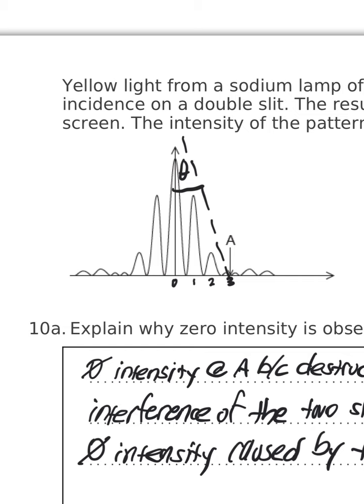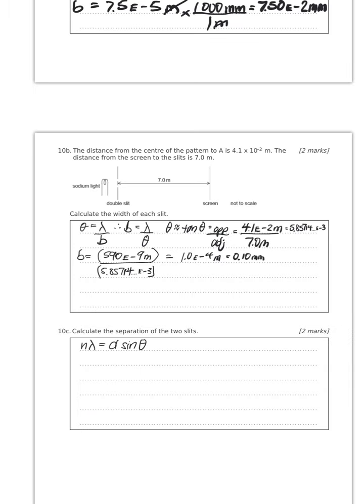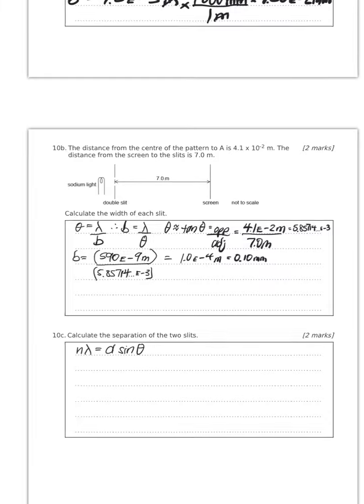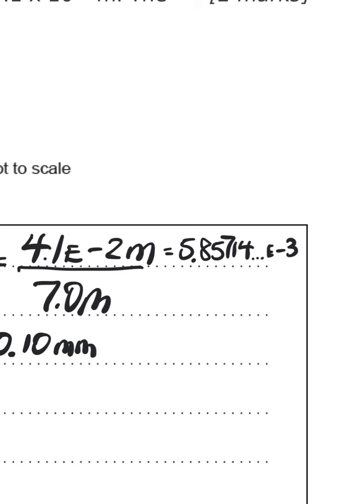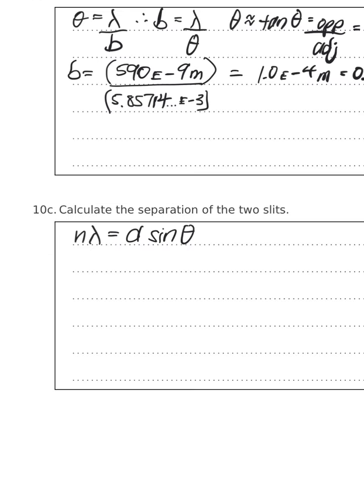And so we actually solved for that theta over here, where we said tan theta is approximately theta because of very small angles, so we have a value for theta. That value is right here. And what we're looking for here is d, where n is 3 for the third order maximum.